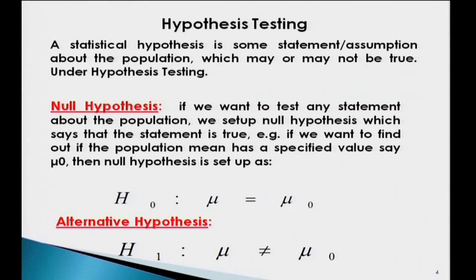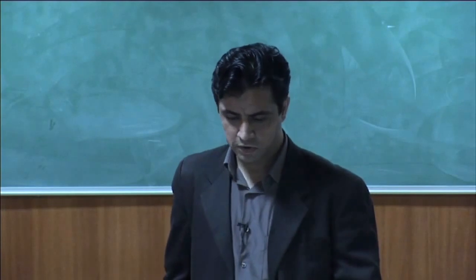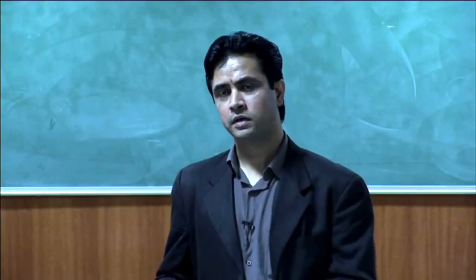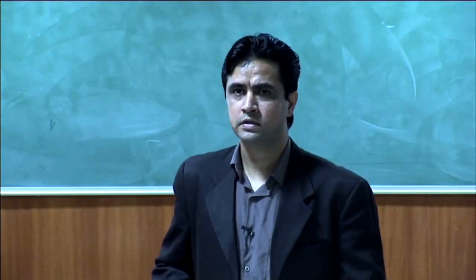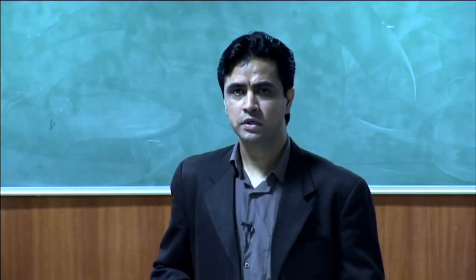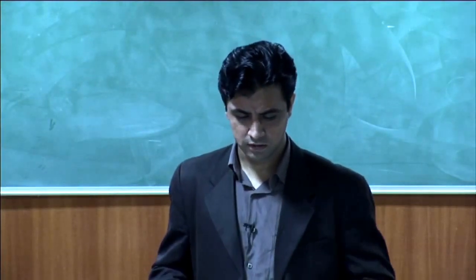To have the exact definition, hypothesis testing involves statement assumptions about the population which may or may not be true, but still we are assuming something. It may happen later on that certain assumptions were found to be correct, and certain were found to be incorrect.